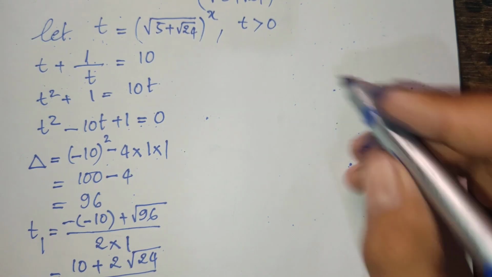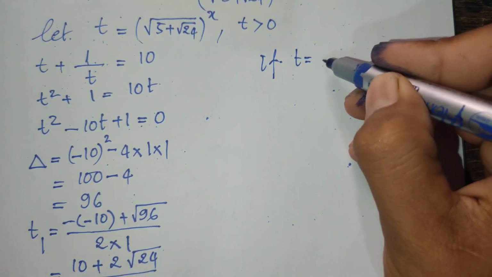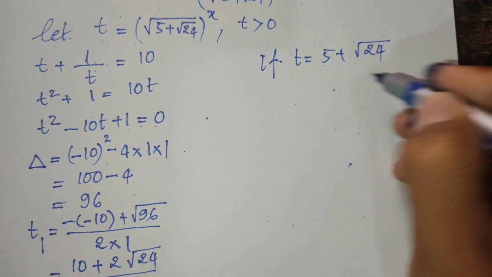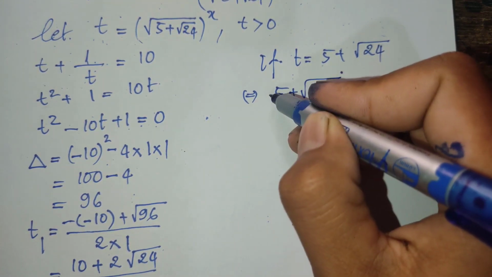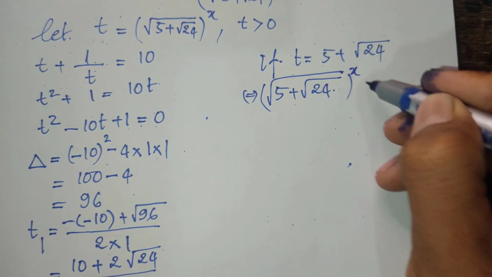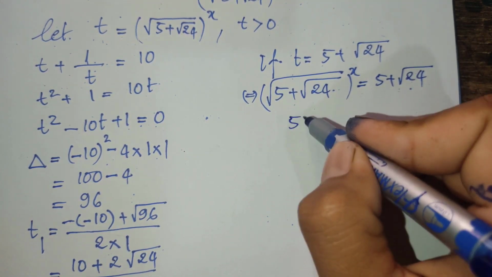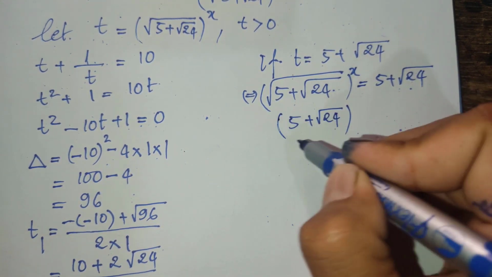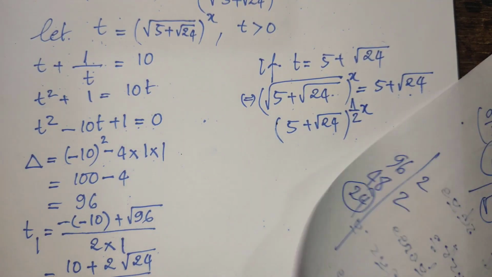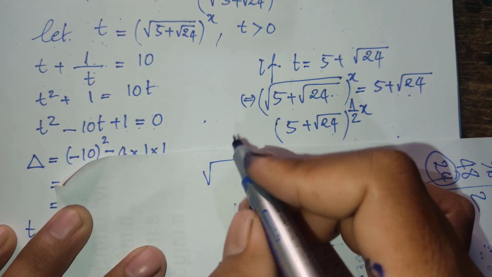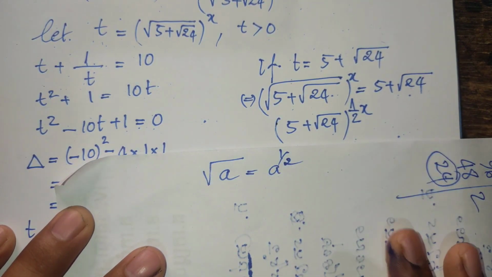So now if t is equal to 5 plus square root of 24, we get 5 plus square root of 24 and square root of 5 plus square root of 24 all to the power 8 is equal to 5 plus square root of 24. I can write this as 5 plus square root of 24 to the power 1 divided by 2, to the power 8, using the rule that square root of a is equal to a to the power 1 divided by 2.